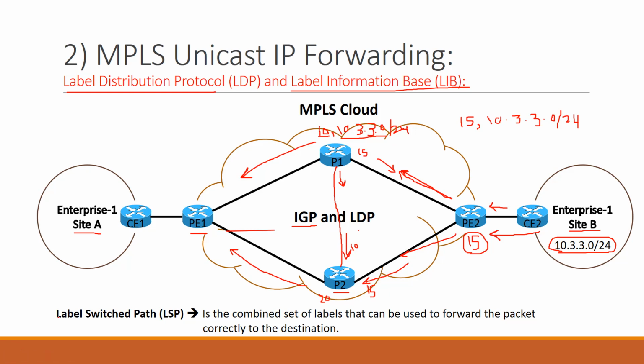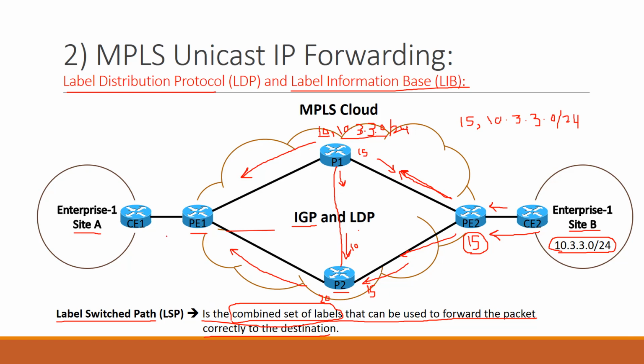So there is something called the label switched path, or LSP. What is this label switched path? It is the combined set of labels that can be used to forward the packet correctly to the destination. What does the combined set of labels mean?